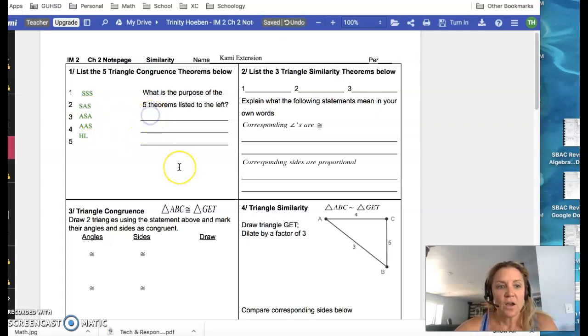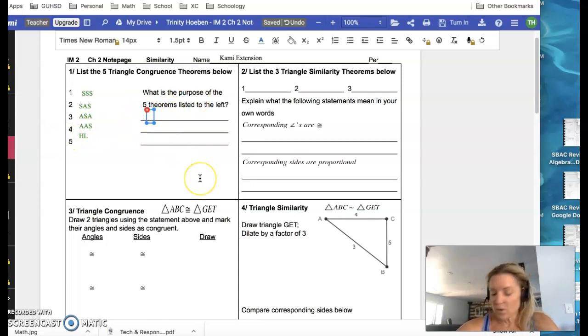Over here it says, what is the purpose of the 5 theorems listed to the left? The purpose of those 5 triangle congruence theorems is to prove that 2 triangles are congruent using their sides and their angles.